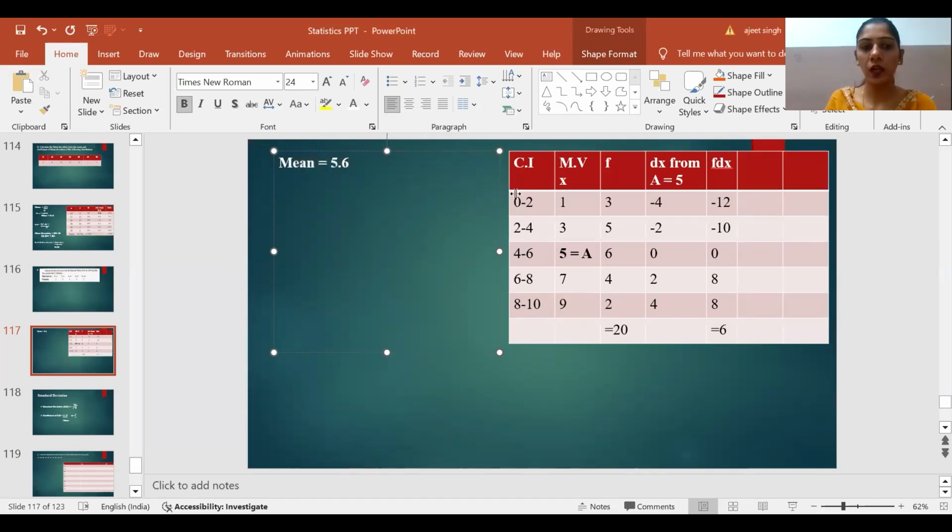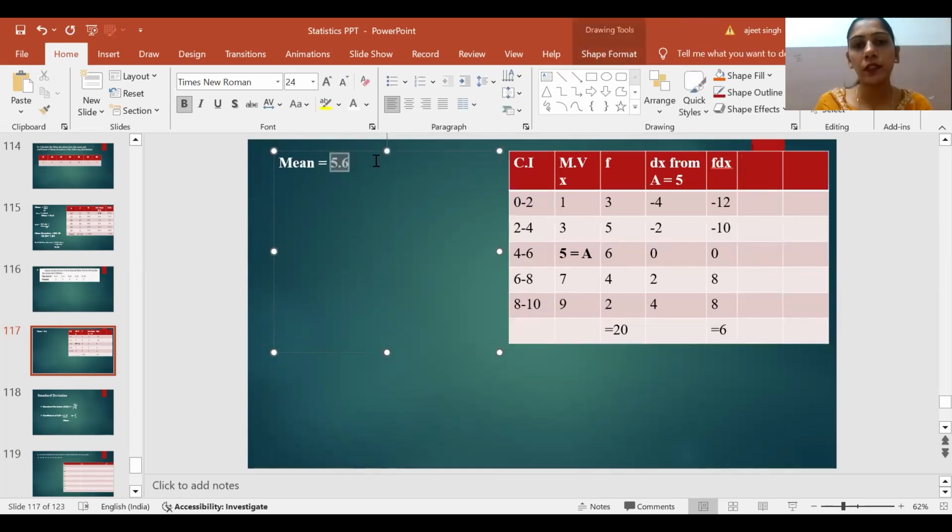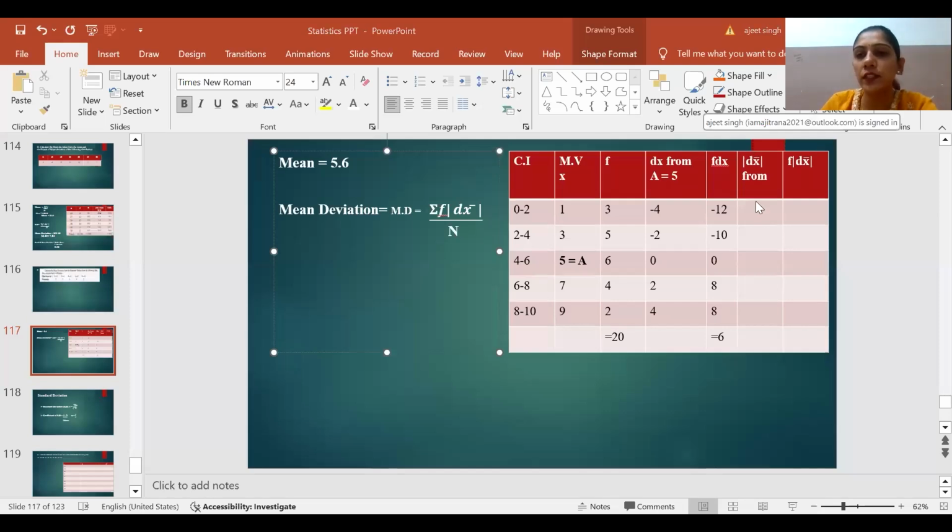Okay, so now what do we have to calculate? We have to calculate dx bar with the help of 5.6. So let's calculate the value of dx bar with the help of the value of mean.